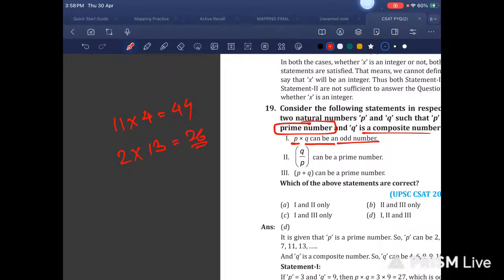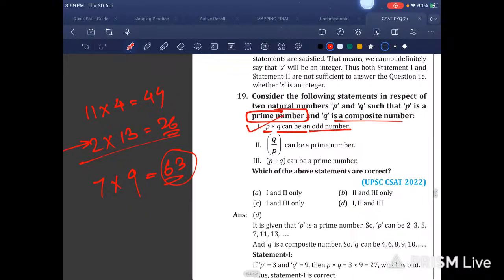There is not any secret one case in this; it can be any number. So let us take 7 as the prime number and 9 as the composite number. 7 nines are 63. 63 is an odd number. So this statement is correct.